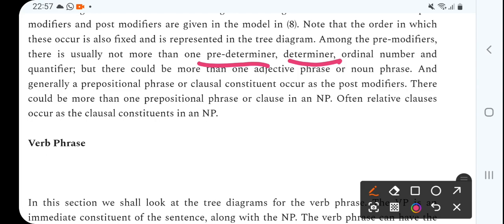An ordinal number shows the order, and a quantifier shows the quantity: some, little, many.